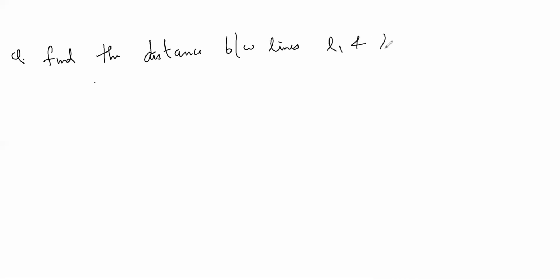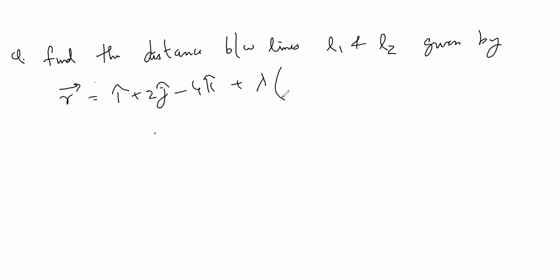The next question. Find the distance between lines L1 and L2 given by r vector is equal to i plus 2j minus 4k plus lambda into 2i plus 3j plus 6k.